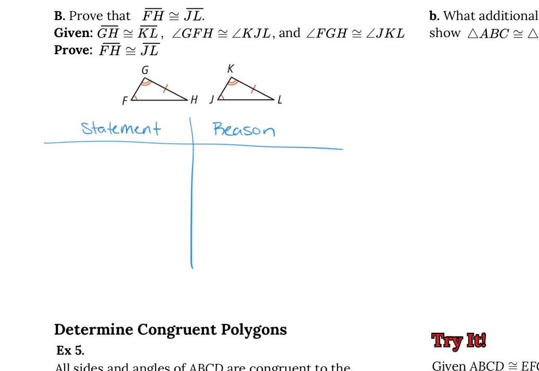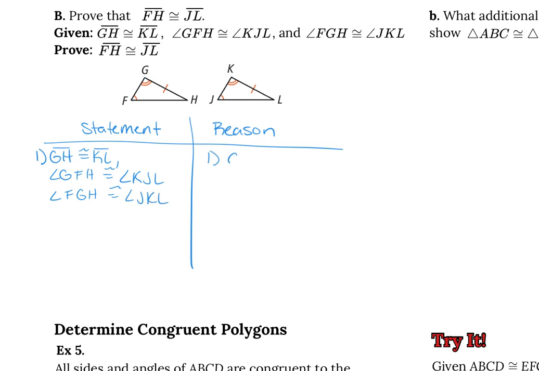Okay, so our first would be all of our given. So one is that GH is congruent to KL, and angle GFH is congruent to angle KJL, and angle FGH is congruent to angle JKL.